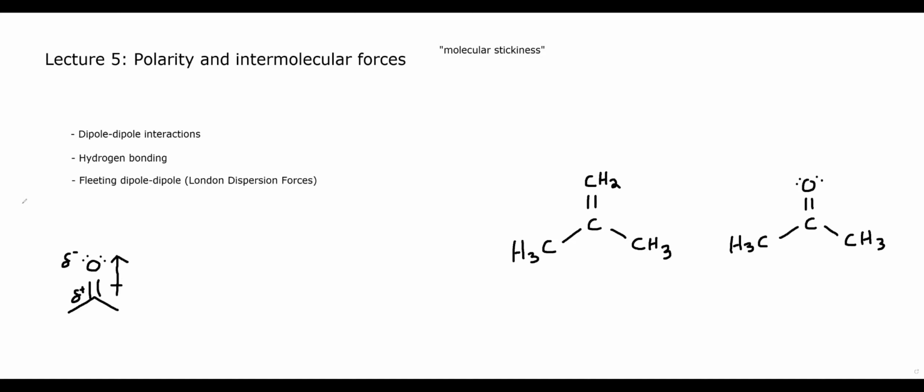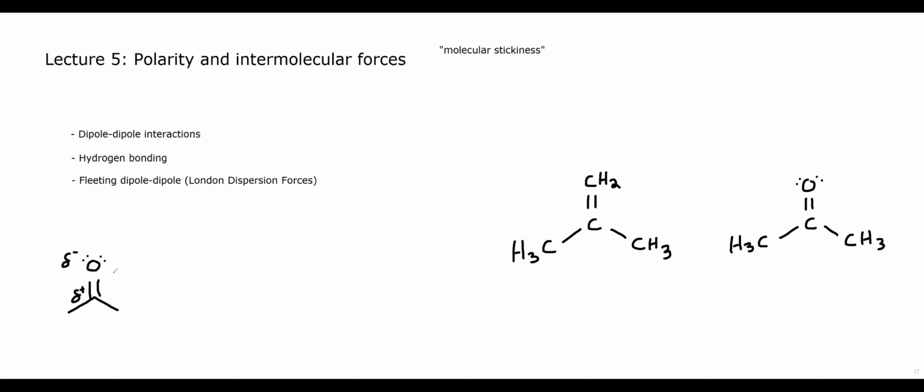So if we have some sort of sample of acetone, we have billions and trillions of acetone molecules, right? We have many, many acetone molecules in just a single drop of acetone. That's another thing to be considerate of in organic chemistry.